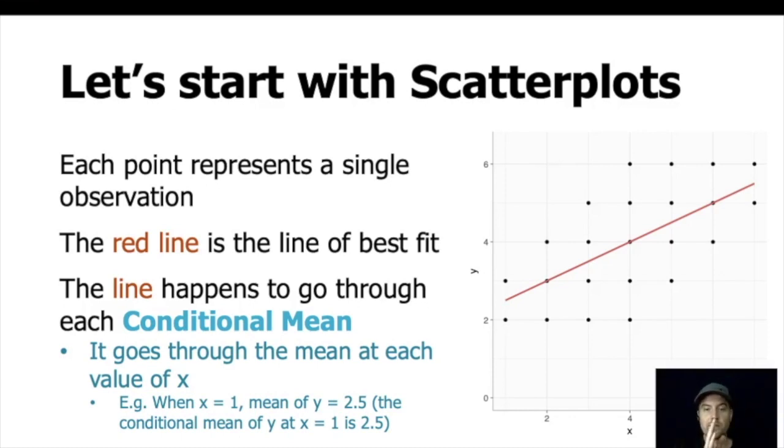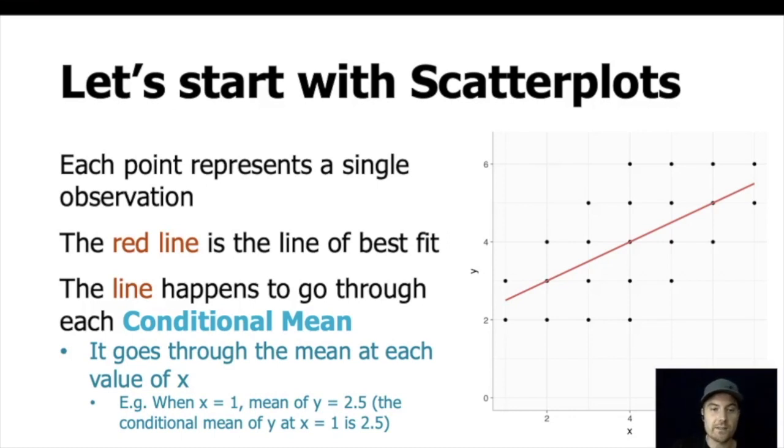So let's say we're looking at x equals 1. The mean of y at x equals 1 is going to be like 2.5. The mean of y when x is 2 is 3. The mean of y when x is 3 is 3.5.